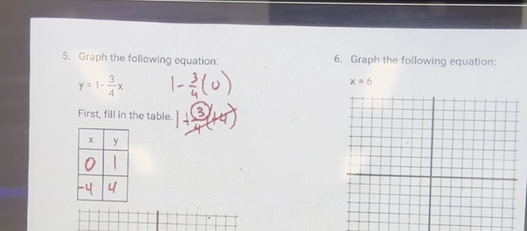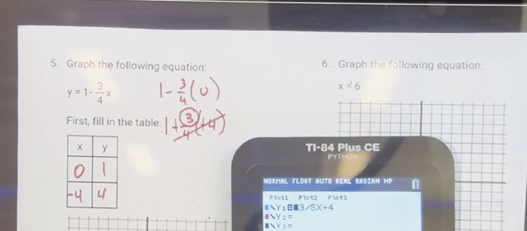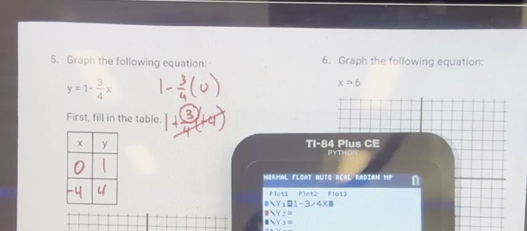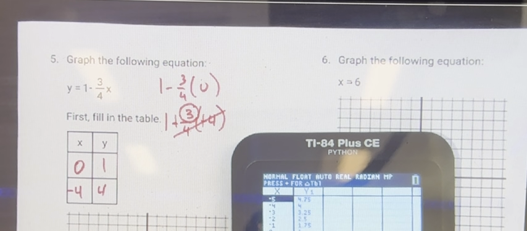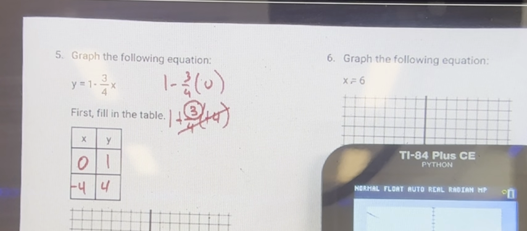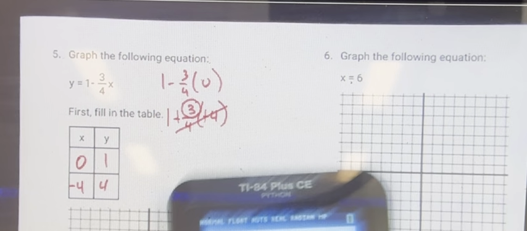So if you go to y equals and minus 3 divided by 4 x, and I did negative 4 and I got it correct. I could have done positive 4 and I would have got negative 2. And of course you can graph it and look at it.